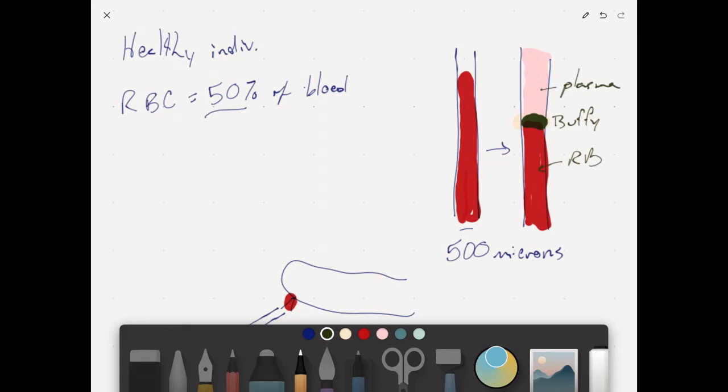But it's called the Buffy layer, and this is white blood cells. This makes up about 1%. So you've got about 50% plasma, 50% red blood cells, and 1% white blood cells. I know that equals 101%, so these are a little less. This could even be a little bit more.